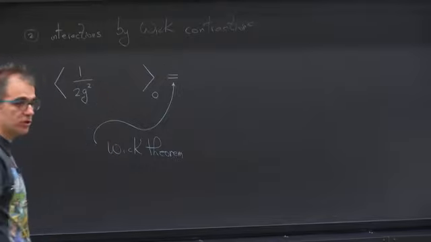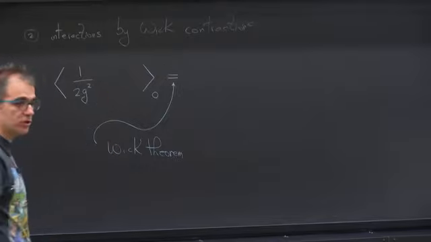So this would be, in quantum field theory, like expectation value of phi to the 4. What do you do? You draw all possible contractions between the 4 fields, right? So let's do this computation. So this is 1 over 2g squared. Expectation value of, now let's write the trace, M_ij, M_jk, M_kl, M_li in the Gaussian theory.